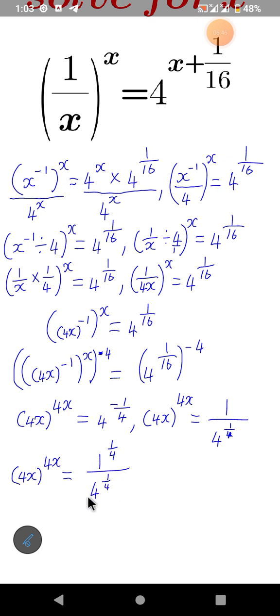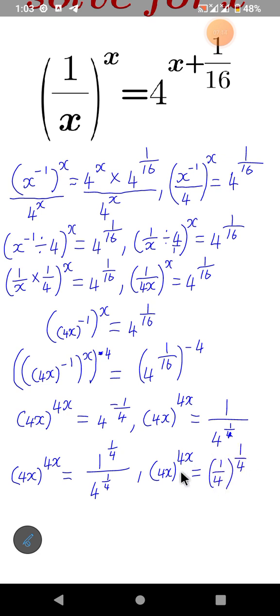Now this 1 and this 4 have the same power, so we can simply write this as 4x raised to the power of 4x equal to, now since they have the same power of 1 over 4, I can write this expression at the right hand side as 1 all over 4 raised to the power of 1 all over 4.